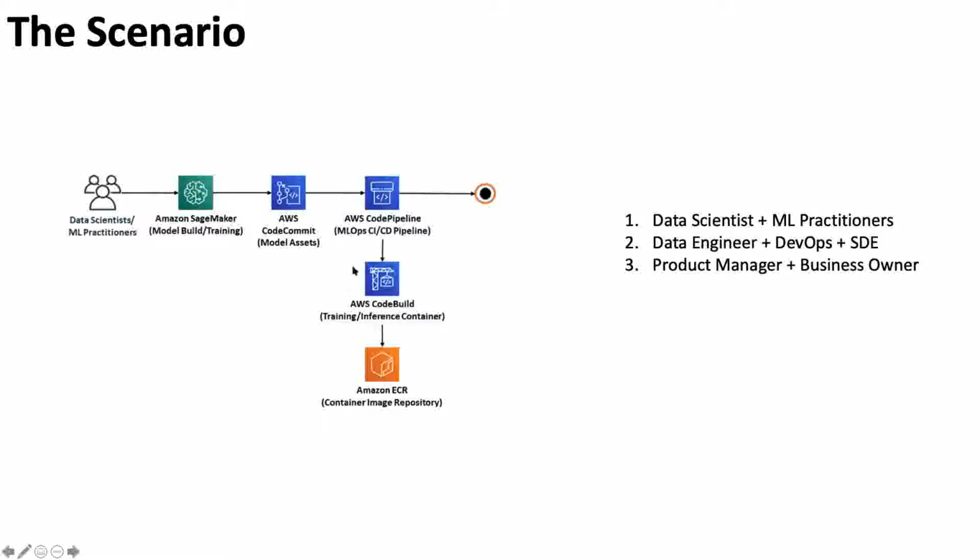And if there's other application code like front-end and back-end integration, then there'll be SDEs involved. And if you look at the deployment process, you'll also have a release manager, product manager, and business owners to approve the deployment process. So this is the high-level scenario we're going to cover.